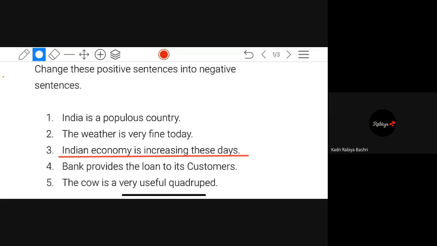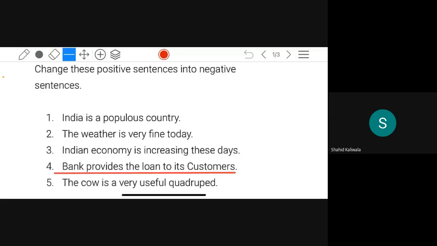Yes, correct. So decreasing will not come actually, because in a negative sentence there has to be one negative word. So Indian economy is not increasing these days. And it is correct, it is not increasing. The income that India is getting has decreased because of COVID. Businesses have been shut down. So Indian economy is not increasing these days.